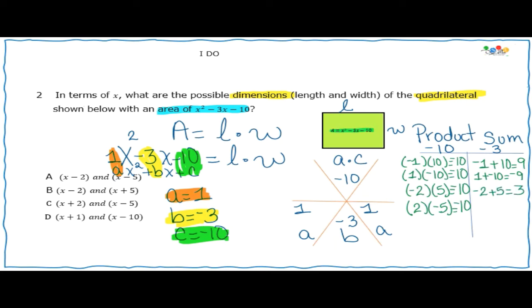That's kind of close, but not there yet. Next one, 2 plus a negative 5. If you get an answer for that, yes, that's your negative 3. And we're going to say what, guys? Bingo! Because that's what I want: a negative 10 for the product and a negative 3 for the sum. So these are my factors right here.